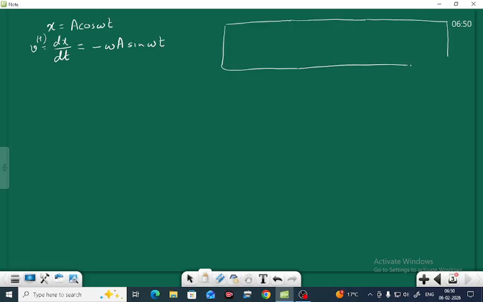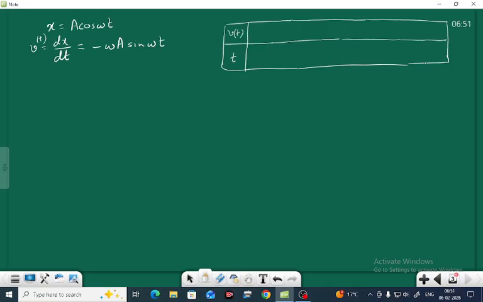This is the middle line, and take 5 points. After that we will draw the graph. This is velocity and this is time. So we'll get the graph for velocity versus time, right?